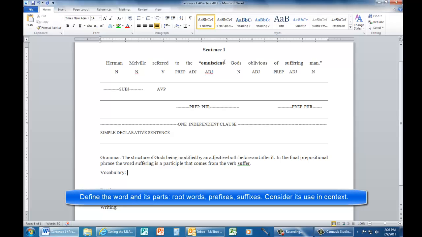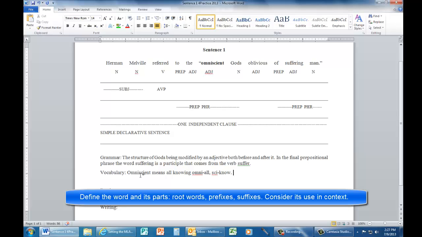When we look at vocabulary, you will always notice that there is a specific word that is bolded in the sentence. In this case, it is the word omniscient. Under vocabulary, you should define that word and then explain its significance to the sentence. The adjective omniscient means all-knowing, coming from omni, which means all, and psi, which means know. The second interesting aspect of vocabulary is that when omniscient works to describe the gods, that's a common use.